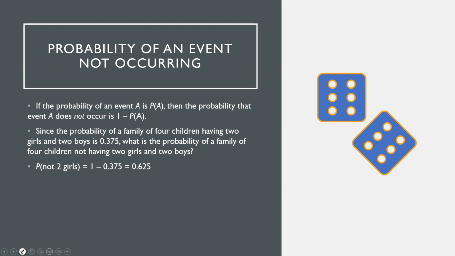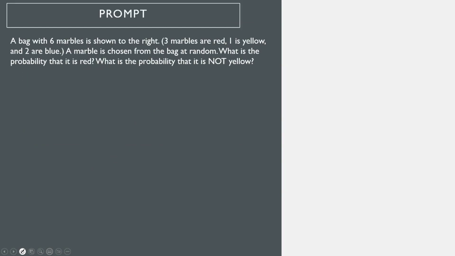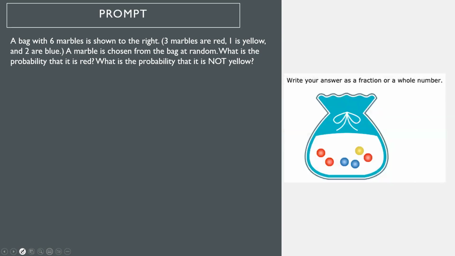Let's try another example using both of these. So first we'll start with this. A bag with 6 marbles shown to the right. 3 marbles are red, 1 is yellow, and 2 are blue. A marble is chosen from the bag at random. What is the probability that it is red? And what is the probability that it is not yellow?